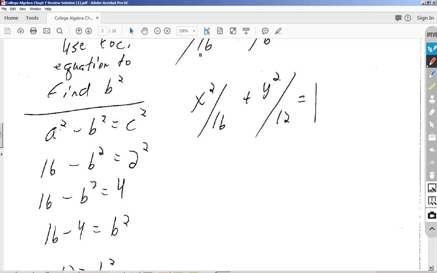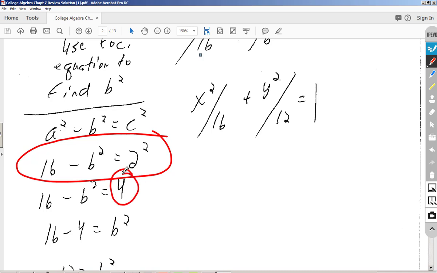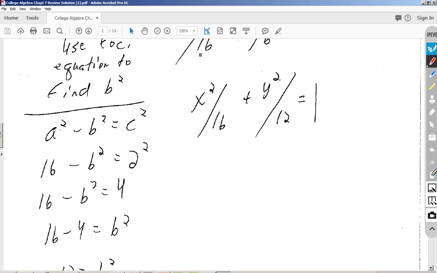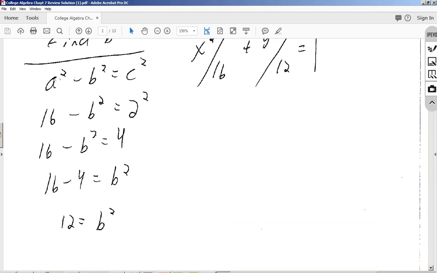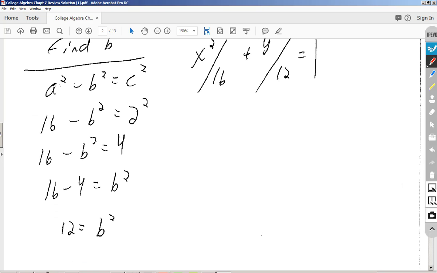So I end up with 16 minus b squared all equals 2 squared. So 2 squared equals 4. So I'm going to move this 4 over here, and I'm going to move the b squared over here. So 16 minus 4 all equals b squared. Simplifying that down, 16 minus 4 is going to give me 12. And so 12 is equal to b squared.